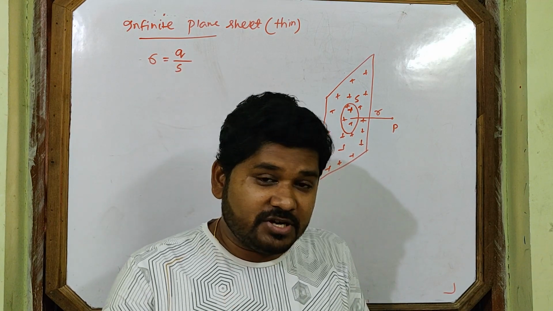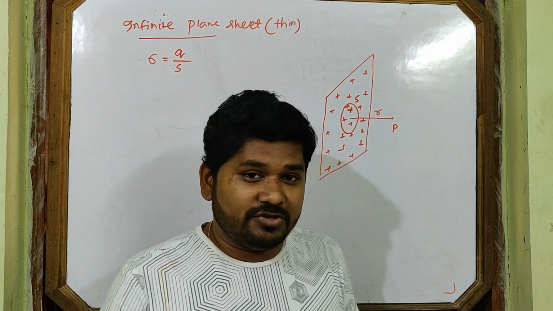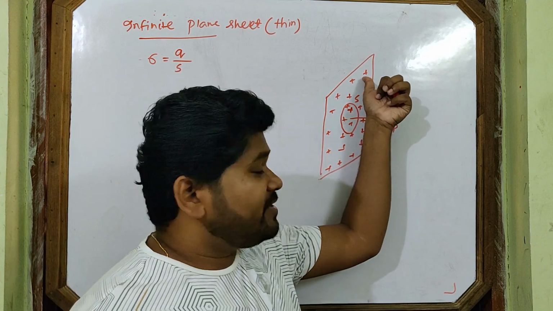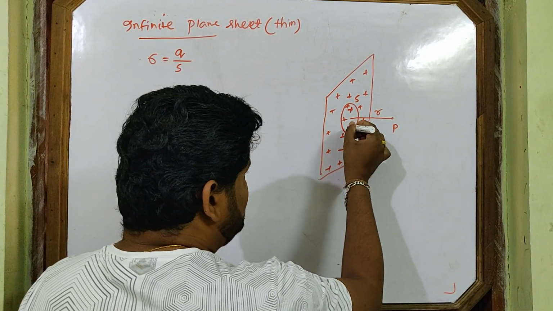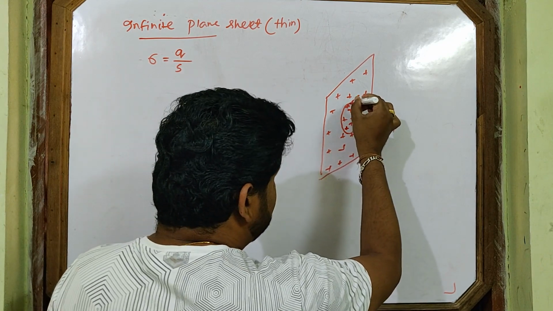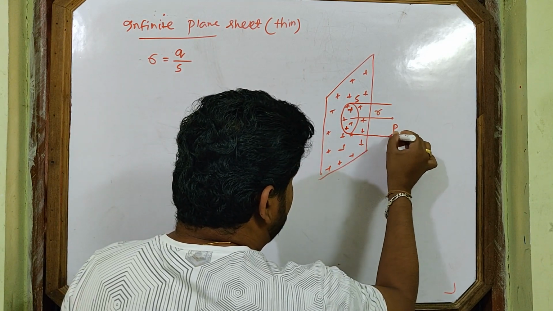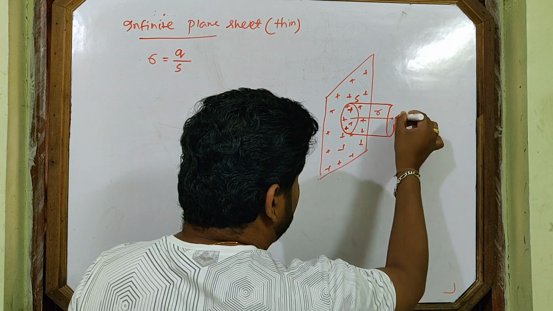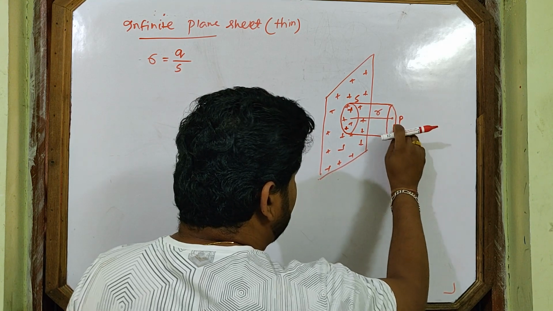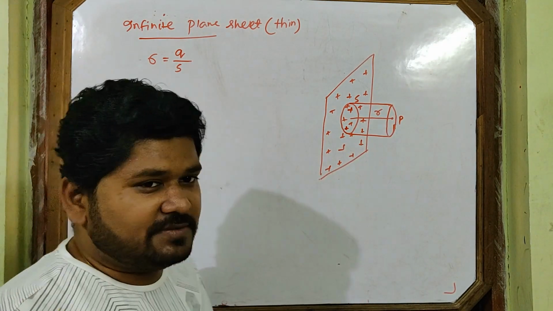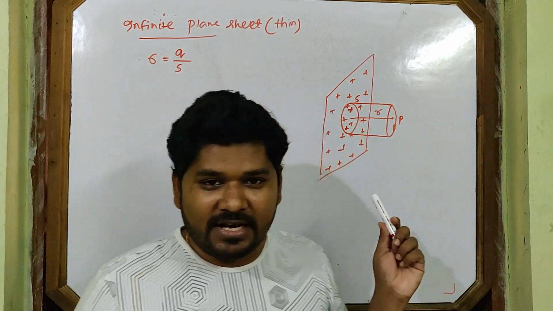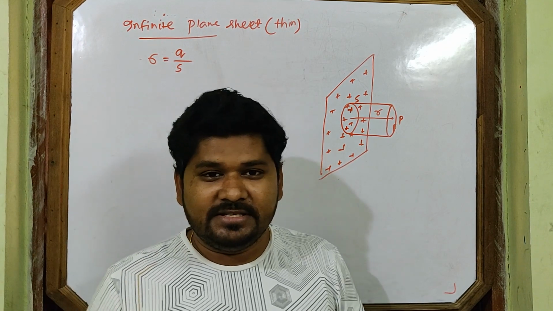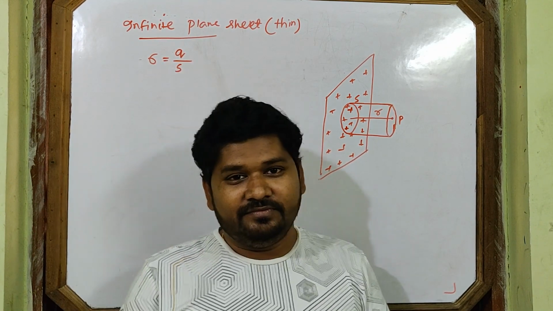The charges which contribute electric field must be enclosed within it. So which type of Gaussian surface am I drawing? I decide to draw one Gaussian surface like this. This is point P. This is a cylindrical Gaussian surface. Is this Gaussian surface okay?